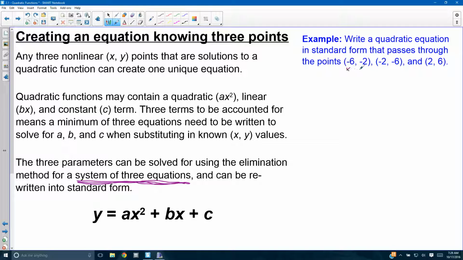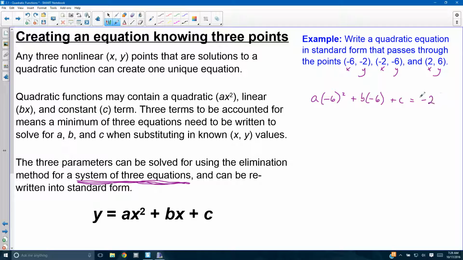All right, these are all x, y values. I'm going to create 3 equations, all of them in this form. I'm actually going to write the y last, though. So one equation is going to be a times negative 6 quantity squared, substituting this negative 6, plus b times negative 6 plus c equals, that y value is negative 2.